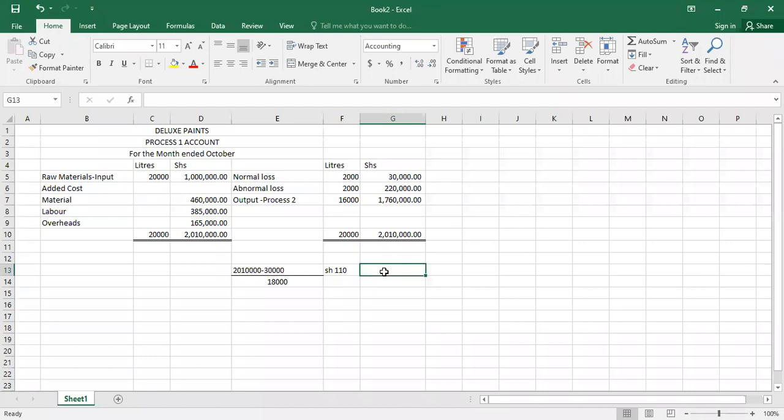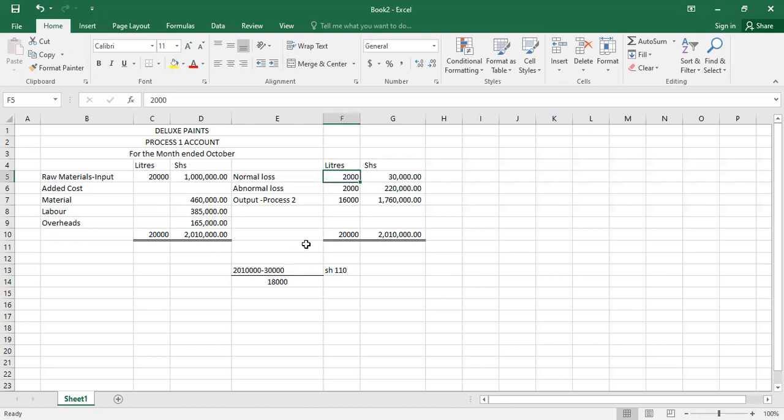In this case, the increase now becomes a loss. That's why we are talking of the abnormal loss, what you didn't anticipate. So when you fed your 20,000 liters, you expected to have a normal loss of 2,000 liters, maybe because of evaporation, because of the chemical reactions in the factory line, etc. But having provided for 2,000, you expected to have an output of 18,000.